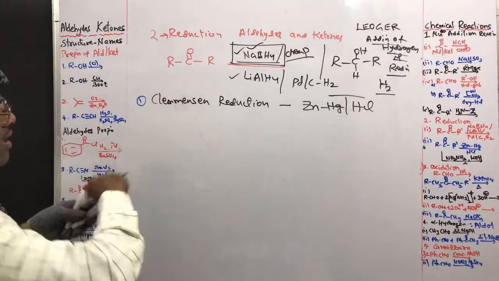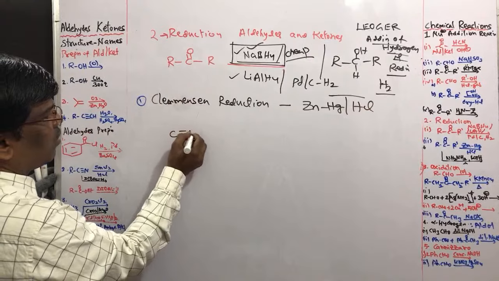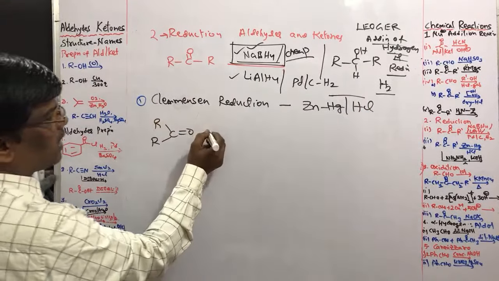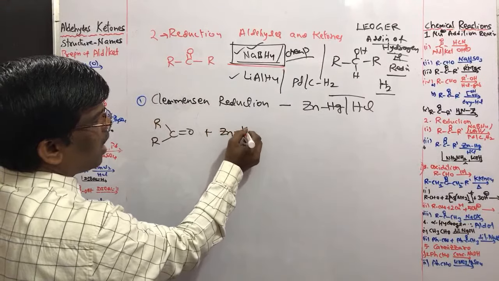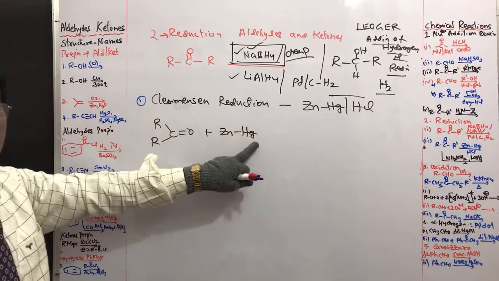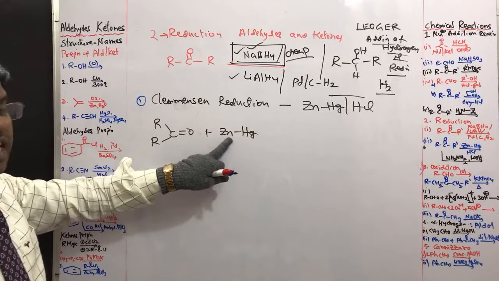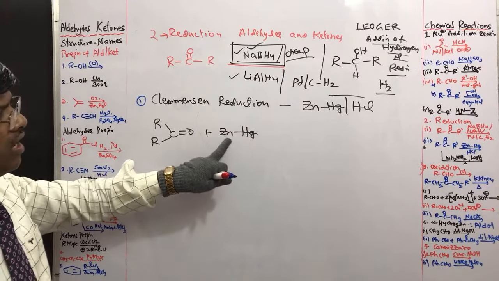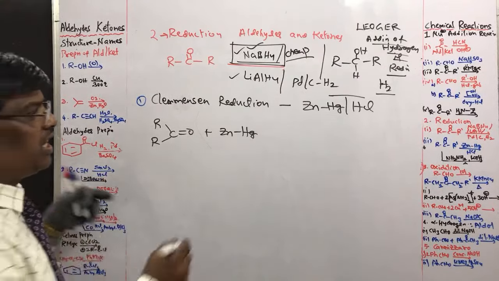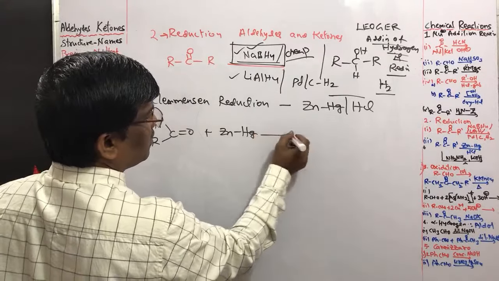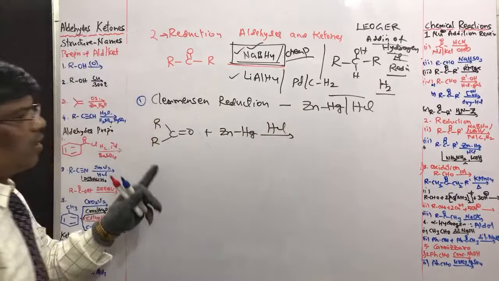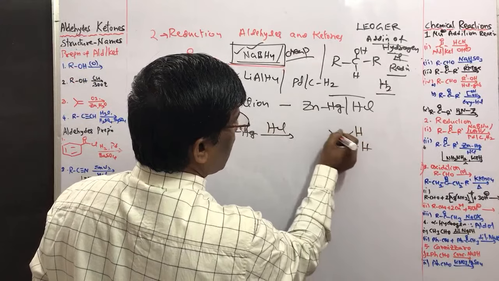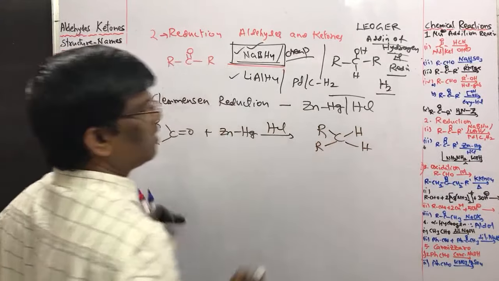Let us see an aldehyde or ketone. Amalgamation is done to activate the zinc. A zinc-copper couple you can also use. Usually zinc amalgam in the presence of HCl gives the reduced compound where hydrogen is added.